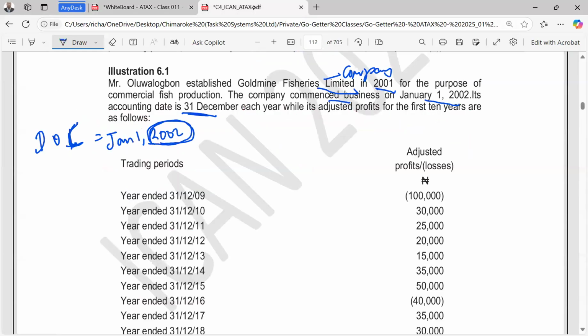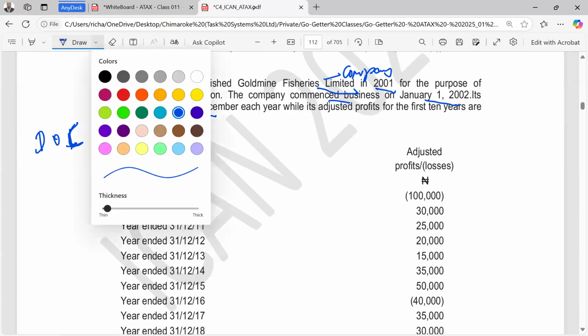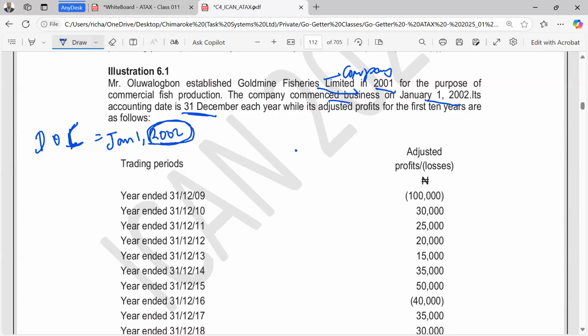Is that going to be a profit? I'm saying here, okay, this is 2009. Why am I saying 2009? And they say first 10 years. Okay, so let me say that this 2009 is what they mean.